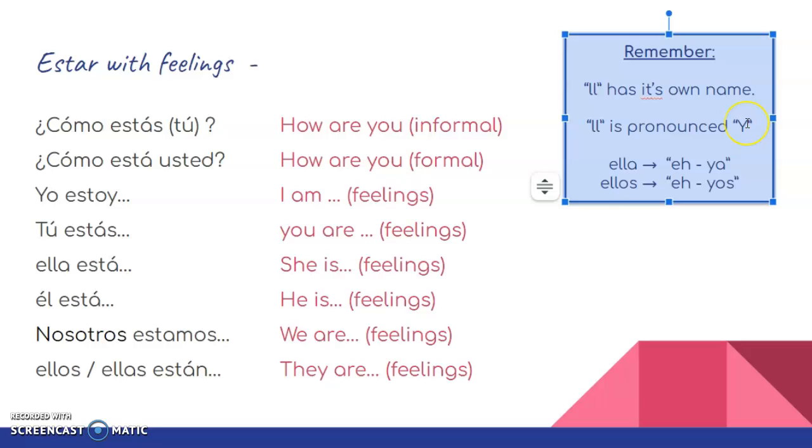And it's pronounced ya. So this ella, E-L-L-A, is pronounced ya, ella. And then E-L-L-O-S is pronounced ellos, ellos. That double L says ya.